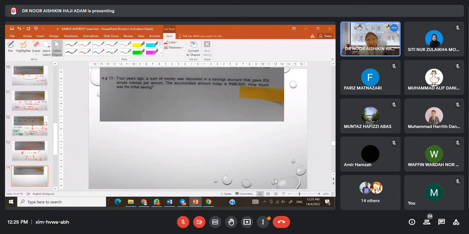What about this one? What is it that you want to find? P. Initial. What does initial mean? Initial saving. Permulaan. So you want to find P actually. What do you get for P? 5,000 ringgit.